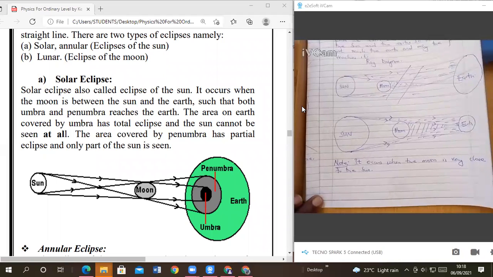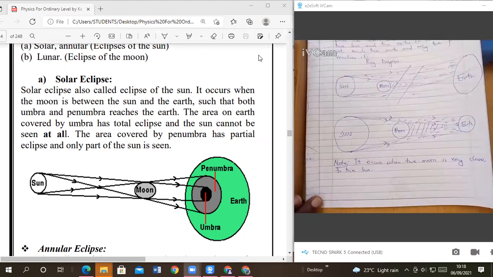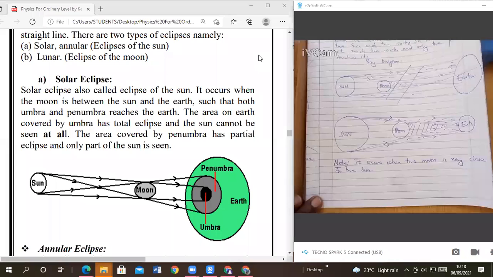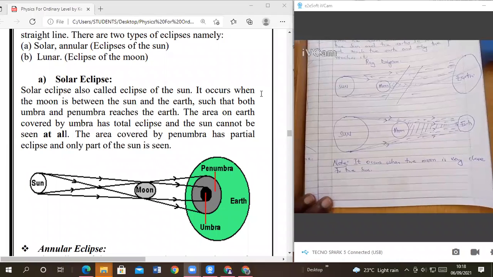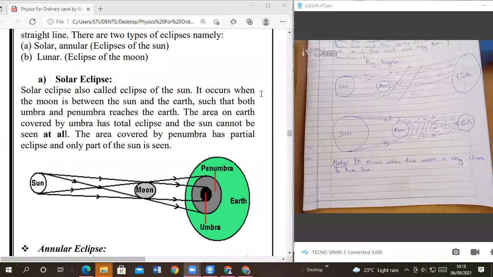It occurs when the moon is very close to the sun, or it occurs when the moon is far away from the earth.